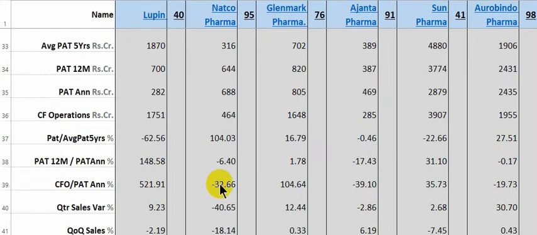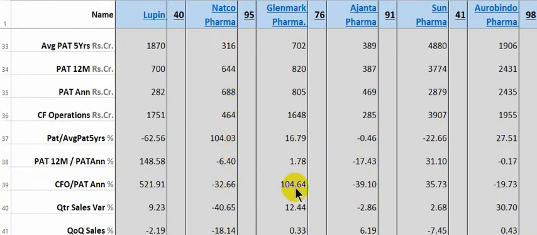Natco Pharma was again short in the single year also, by 32%. It showed earnings of 688 CR, whereas the cash coming in is just 464 CR. So we would want to see a positive growth rate just like in 5 years.